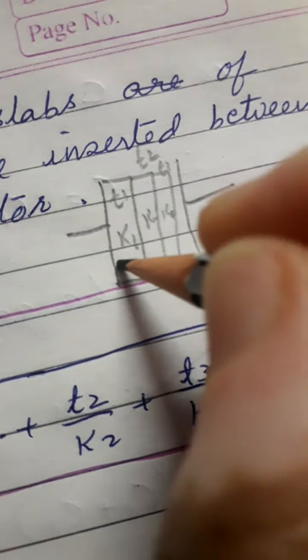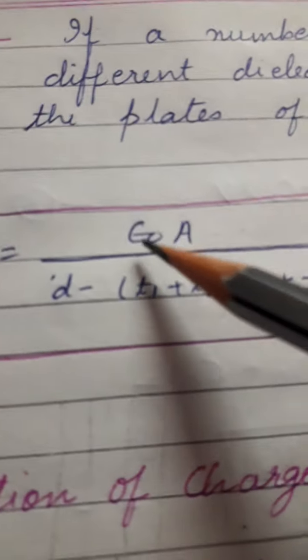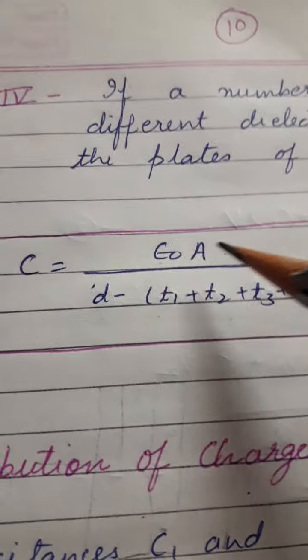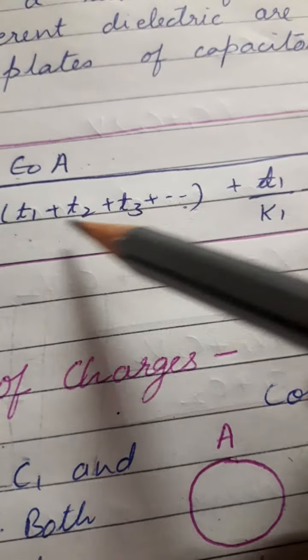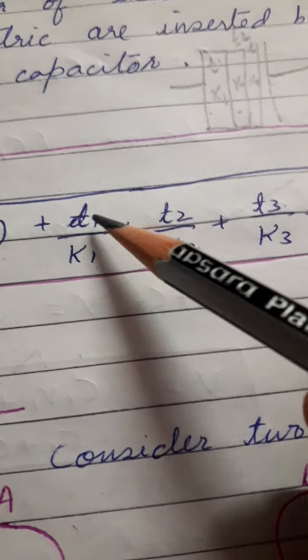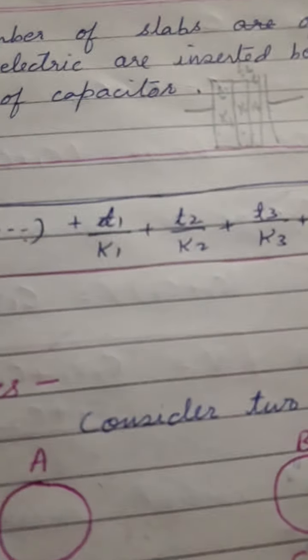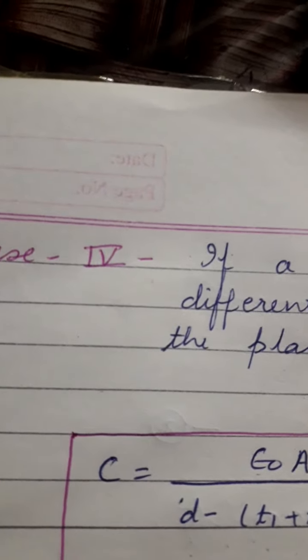How many we want, we can take according to the thickness. So in this case, the formula is C is equal to epsilon naught A upon D minus T1 plus T2 plus T3 and so on for as many as I have taken, plus in the denominator T1 by K1 plus T2 by K2 plus T3 by K3 and so on for as many slabs as we are taking. So that is the final formula of the capacitor.